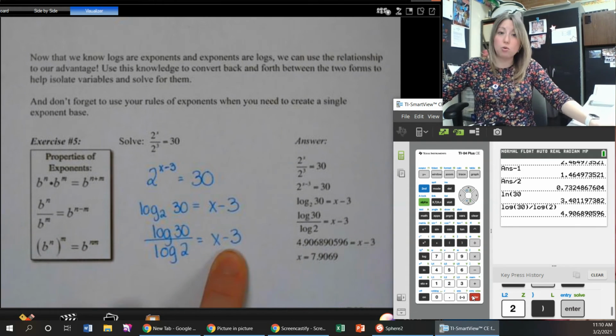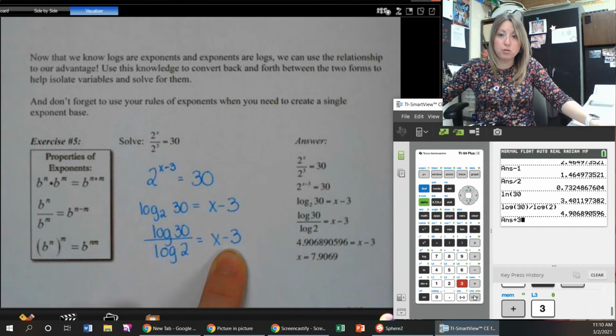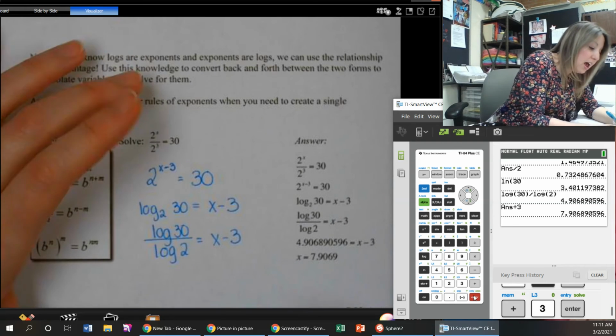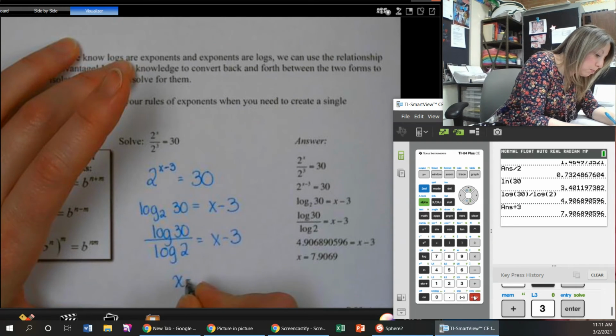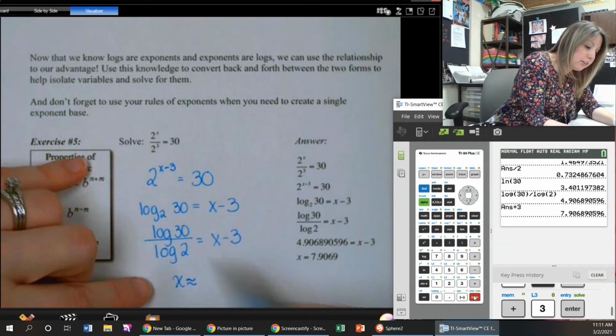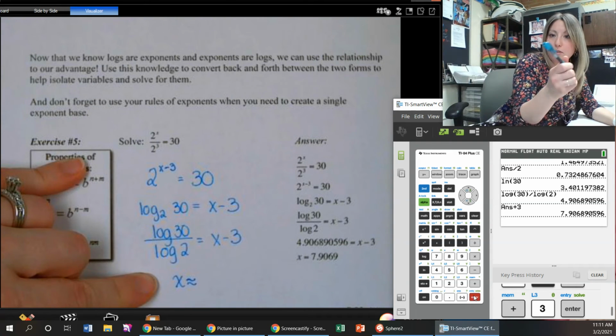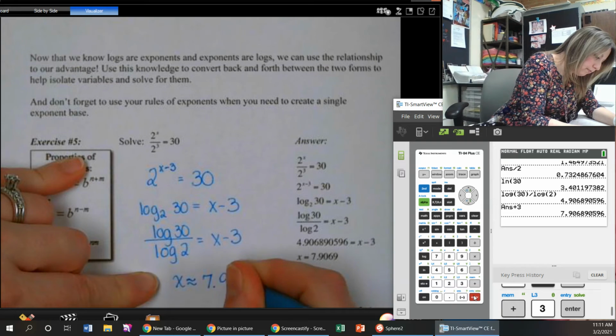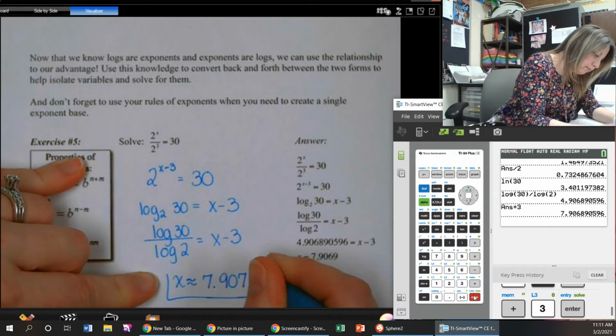Now to get x alone, I add 3 to both sides. So just add 3 to both sides and boom, there you are. And we'll round to the nearest thousandth, approximately 7.907.